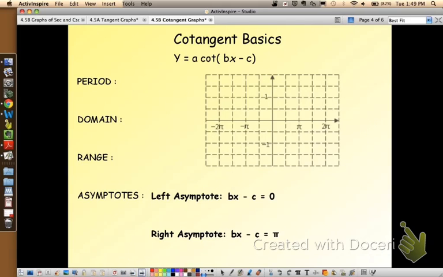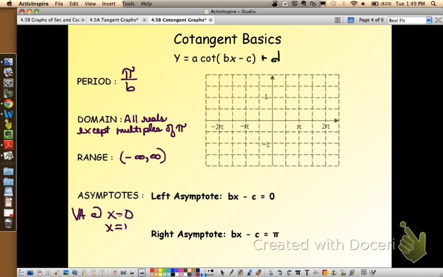So if we take a look at the cotangent basics, again, we're missing the plus d here, so we could add that to it. But we have the period is pi over b, same as tangent. The domain is all reals except for multiples of pi. That's where those asymptotes are. The range, just like the tangent, is negative infinity to positive infinity.